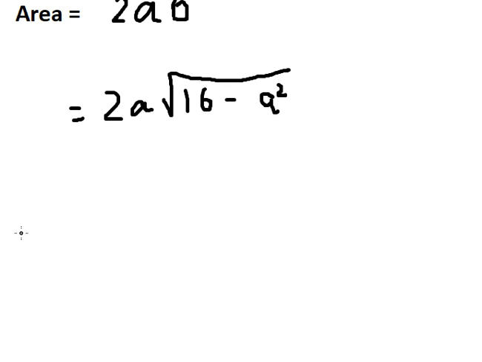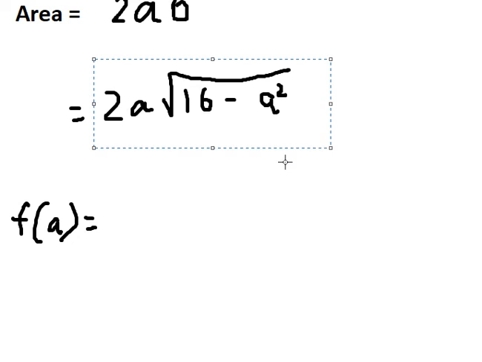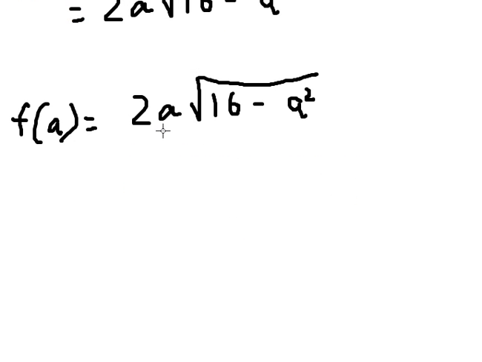Now I will put f of a equals to this one. Now we need to do first the derivative of this one. And we do first the derivative of a, we have number 1.